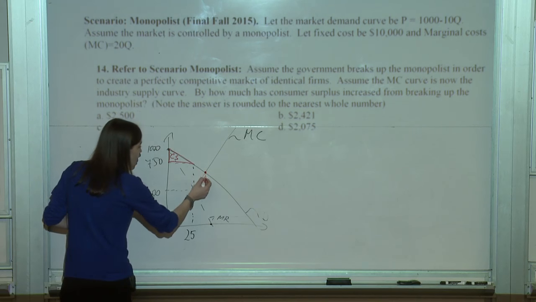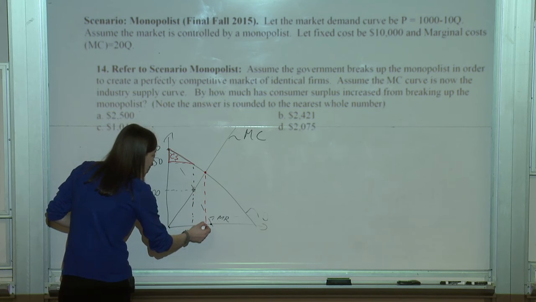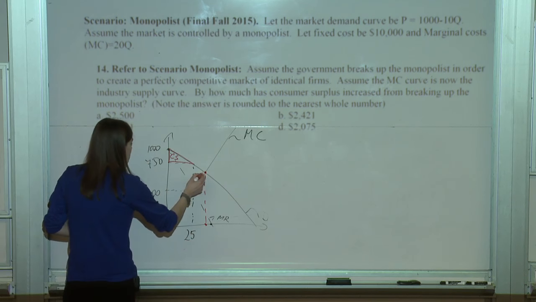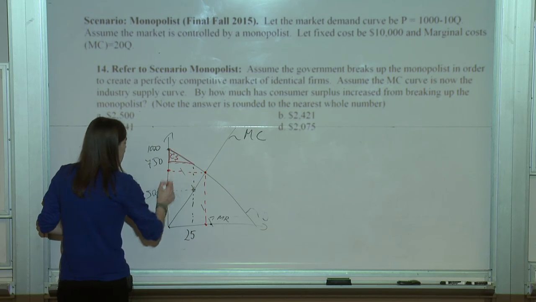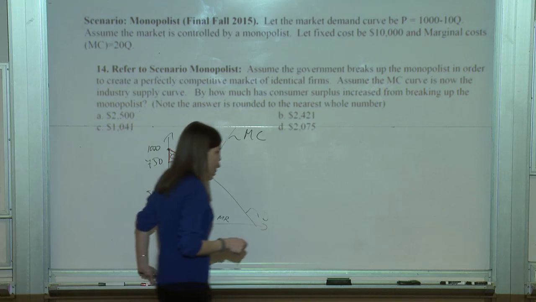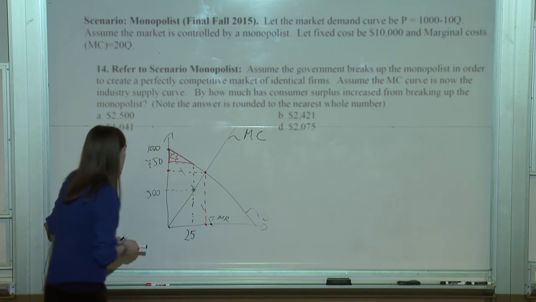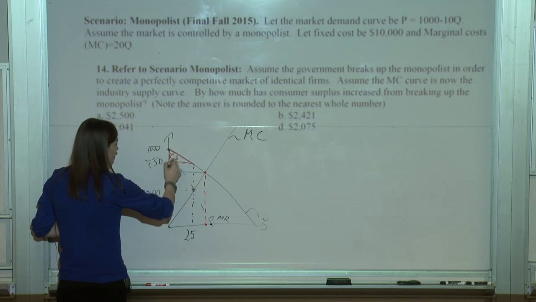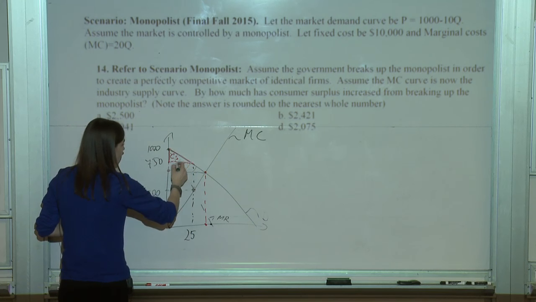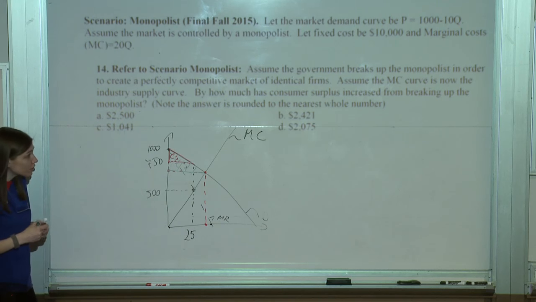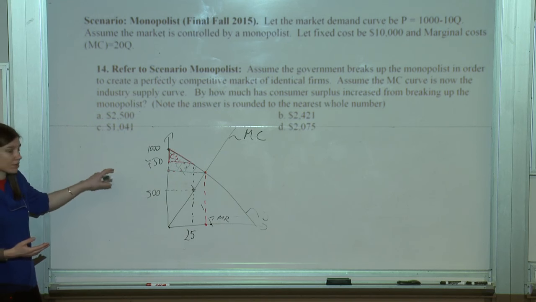So I'm going to have a certain quantity here. That's going to be the outcome of perfect competition at a certain price. Okay? And in that case, what's going to be consumer surplus? Well, if this is the price, then consumer surplus is going to be this whole thing under perfect competition.